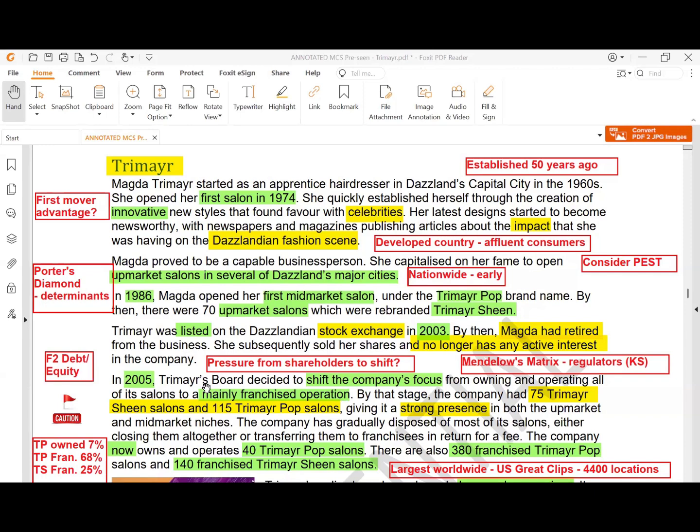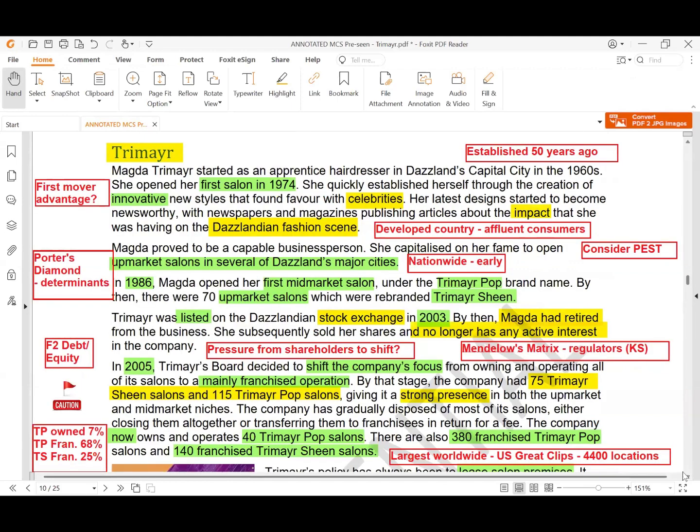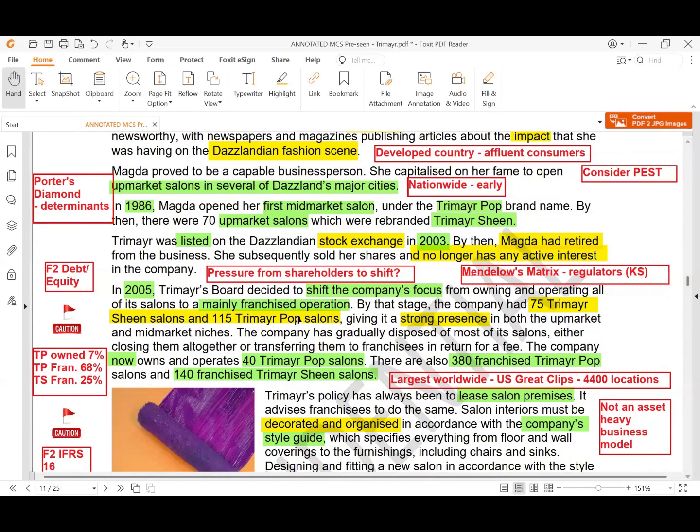Outside of that, when we come into this next paragraph here, it seems that a couple of years, note, very, very short time after the listing, they switched their business model. I'm sure you've noticed this already. They shift the focus from own salons, broadly speaking, to franchising.